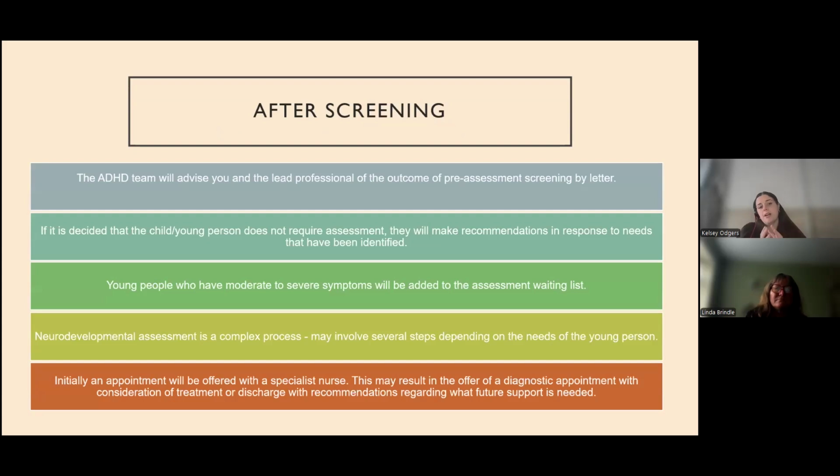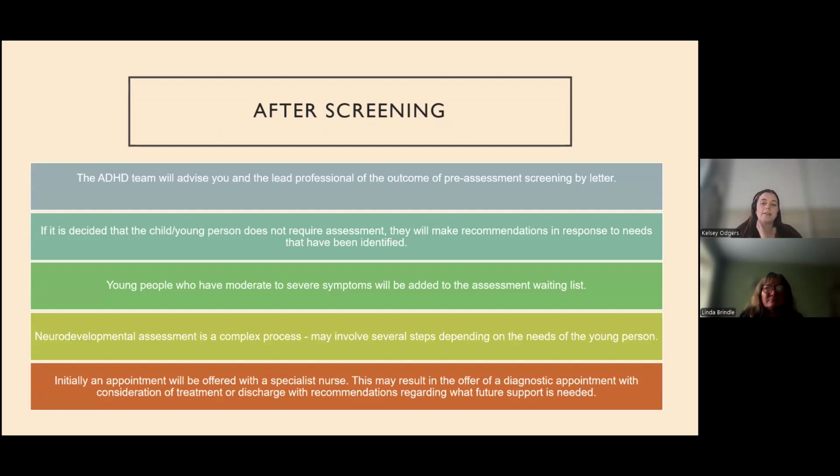After that initial screening process, after they've had those questionnaires back, the ADHD team will then advise you and the lead care professional, who is any professional that knows your child well and could well be someone in school if that's appropriate, of the outcome of that pre-assessment screening, and that will be by letter.